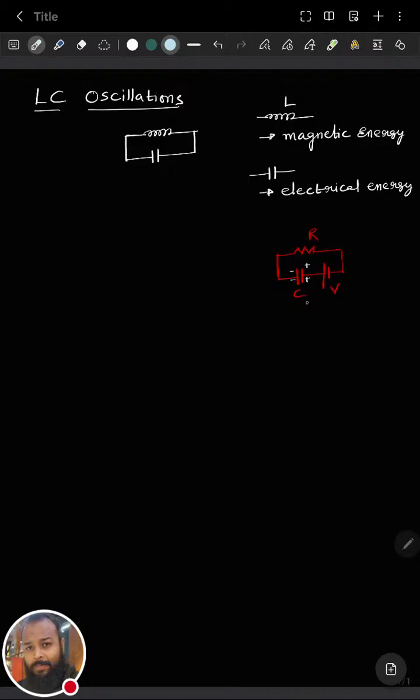So the current stops in steady state. We wrote the charge on the capacitor as Q = Q0(1 - e^(-t/RC)), which is the charging of a capacitor.